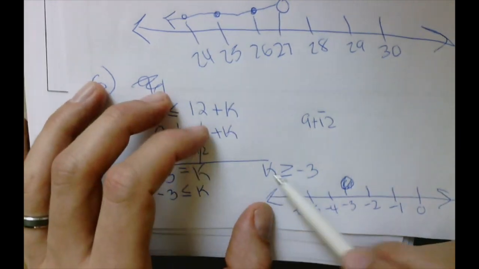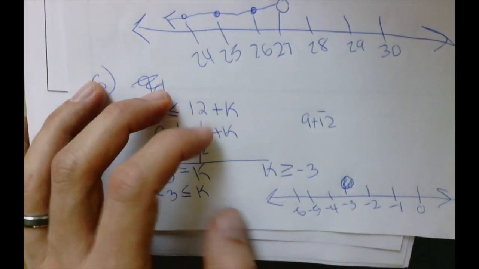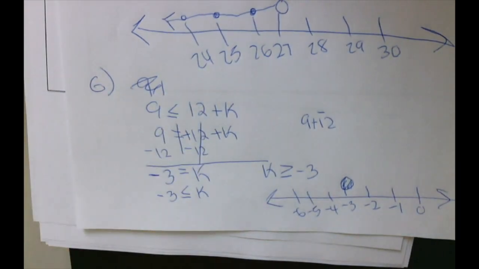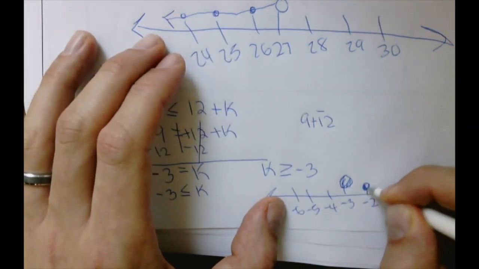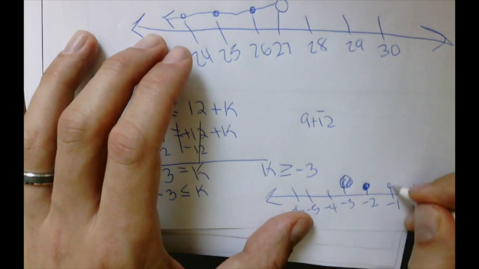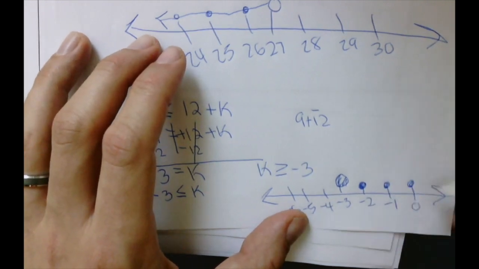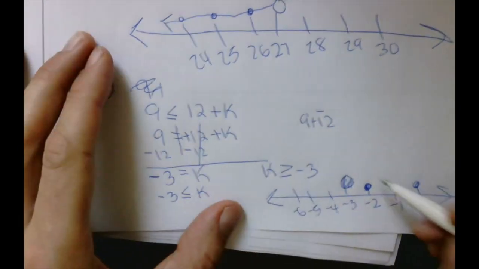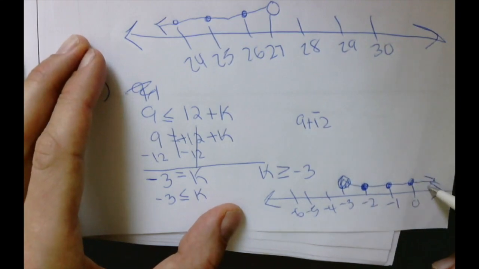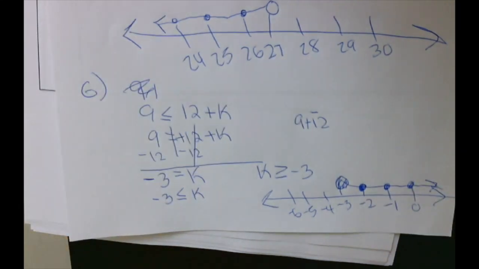Numbers where k is greater than or equal to negative 3. Think about solutions for this inequality. Well, negative 2 is a solution. Negative 1 is a solution, and so is 0. I'll connect my dots, and there we go. So my answer is k is greater than or equal to negative 3.